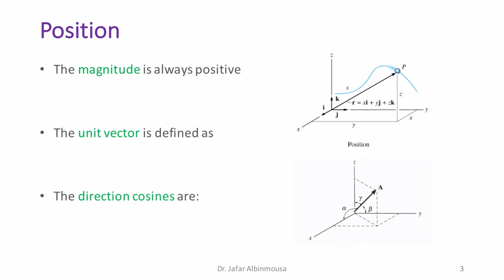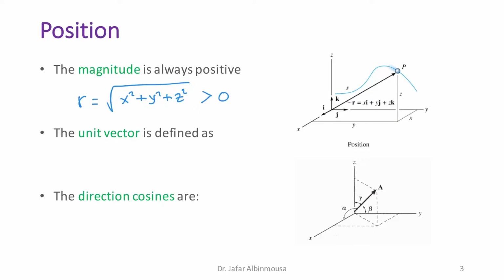Now, to start with the description of the kinematics, we need, as usual, to start with the position. The position vector we already defined. Its magnitude is going to be r, which is equal to the square root of x squared plus y squared plus z squared, which is always greater than 0, always positive.